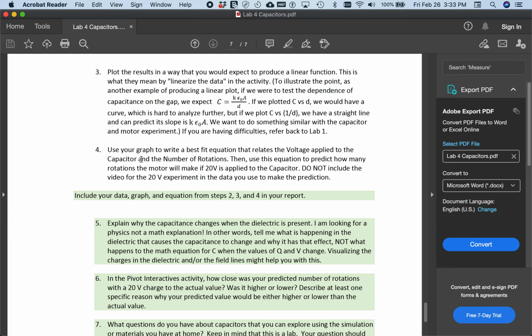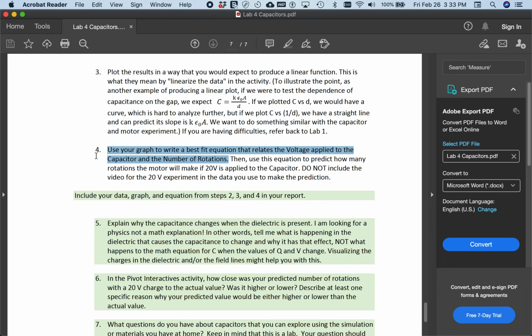Then use your graph to write a best fit equation that relates the voltage applied to the capacitor and the number of rotations. Then use this equation to predict how many rotations the motor will make if 20 volts is applied to the capacitor. Do not include the video of the 20 volt experiment in the data you use to make the prediction.